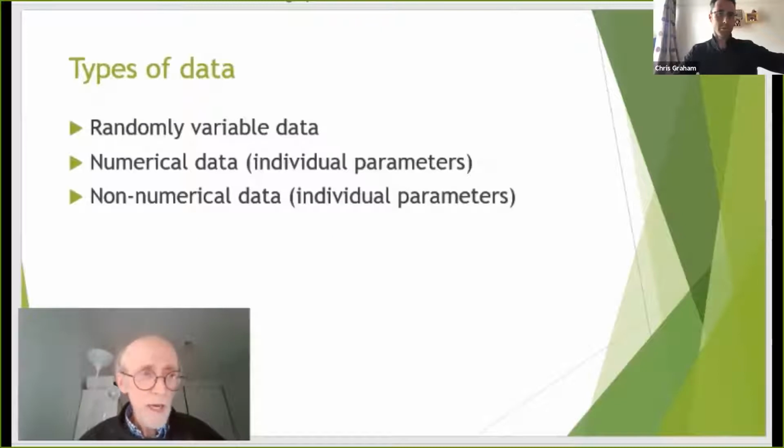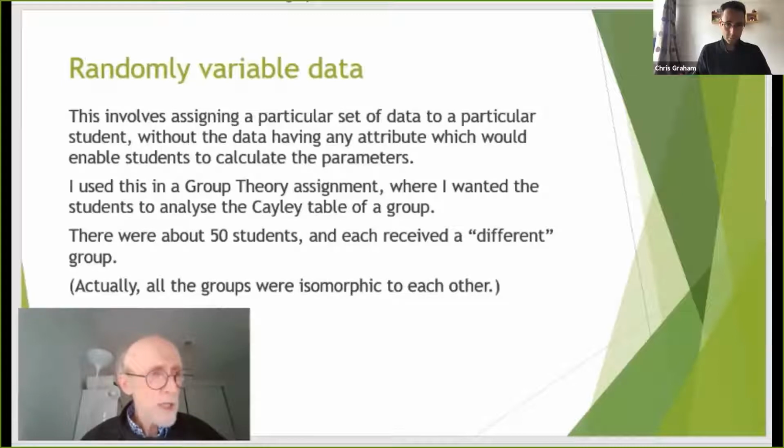I've used 3 kinds of data to individualize assignments: randomly variable data, numerical data with individual parameters, and non-numerical data with individual parameters. By randomly variable data, I mean each student gets a certain set of data and there's no specific pattern as to how it happens.